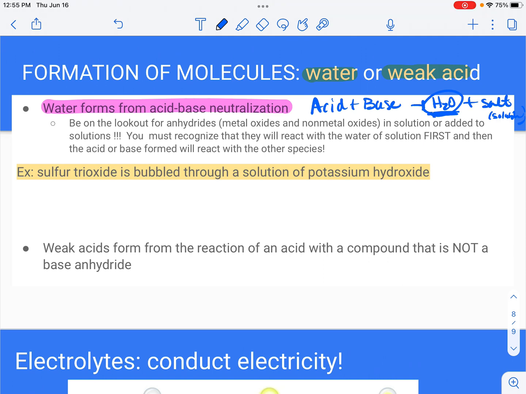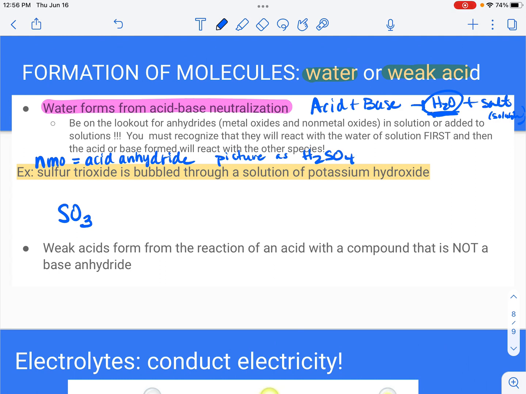So I'm going to walk you through one because I do think they are kind of complicated. So sulfur trioxide is a non-metal oxide, which means that it is an acid anhydride. So when you write it in your equation, you're going to write it as SO3, but you have to picture it as H2SO4.